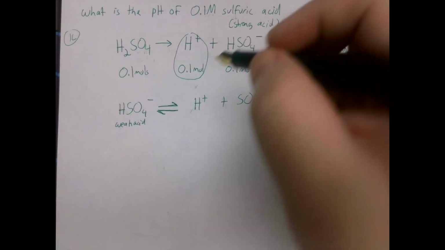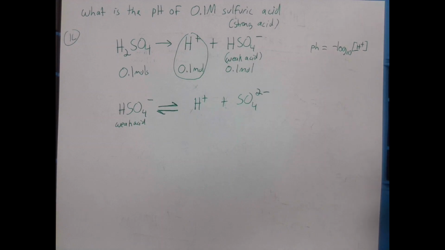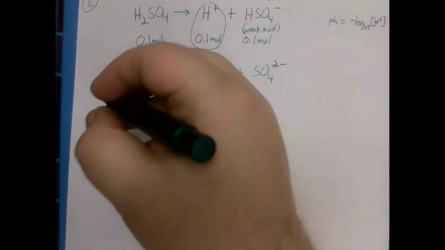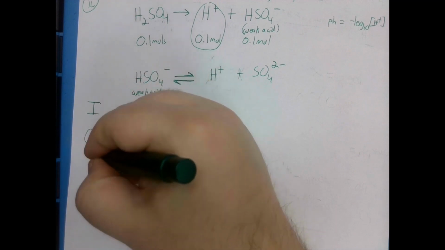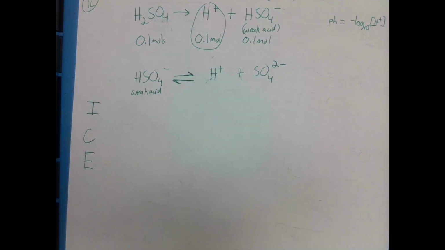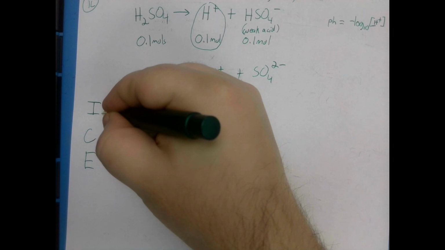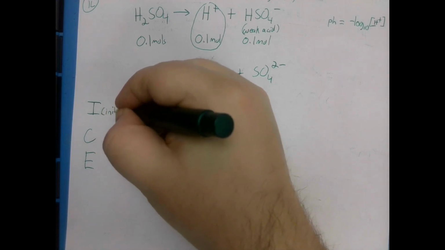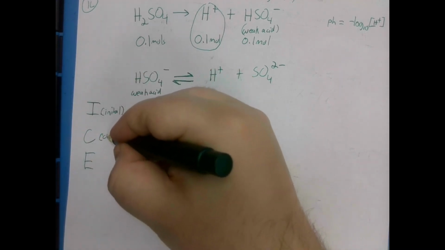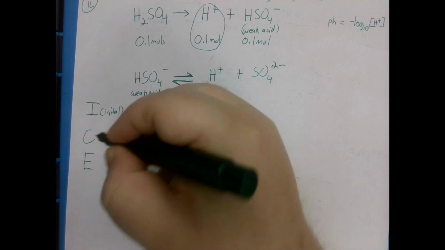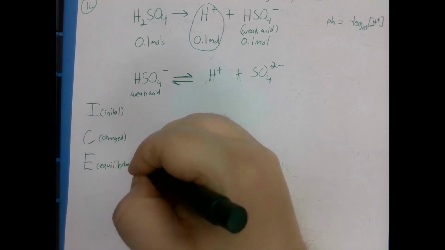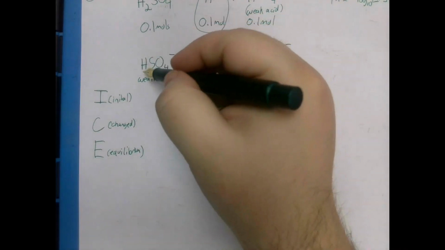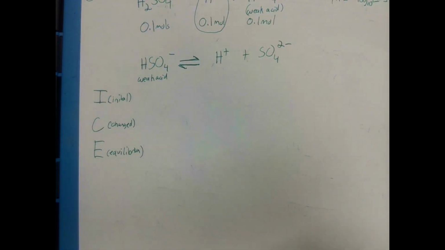This is bisulfate or hydrogen sulfate. So this is where the ICE method comes into play. We have initial, change, and equilibrium. So initial, how much is changed, and what we'll end up with at equilibrium. So how many bisulfate ions do we have?